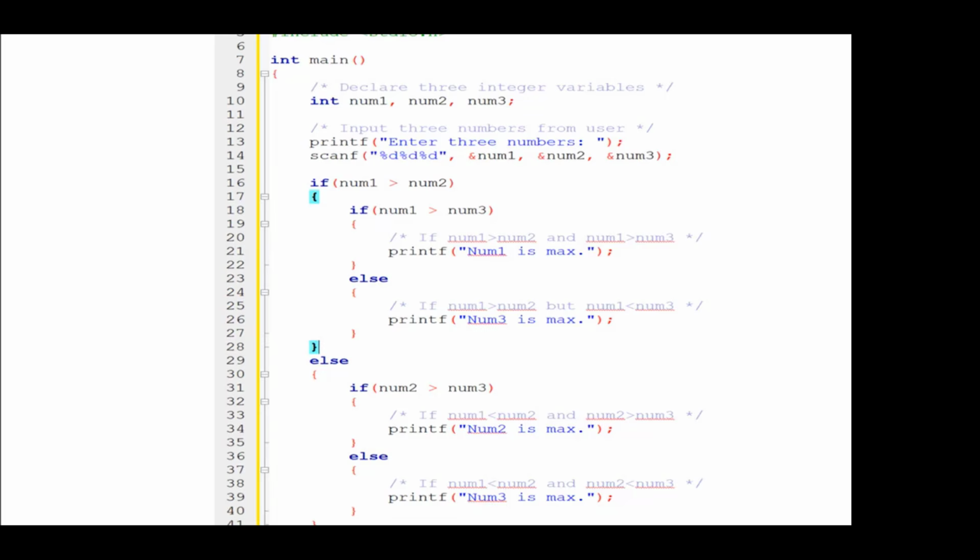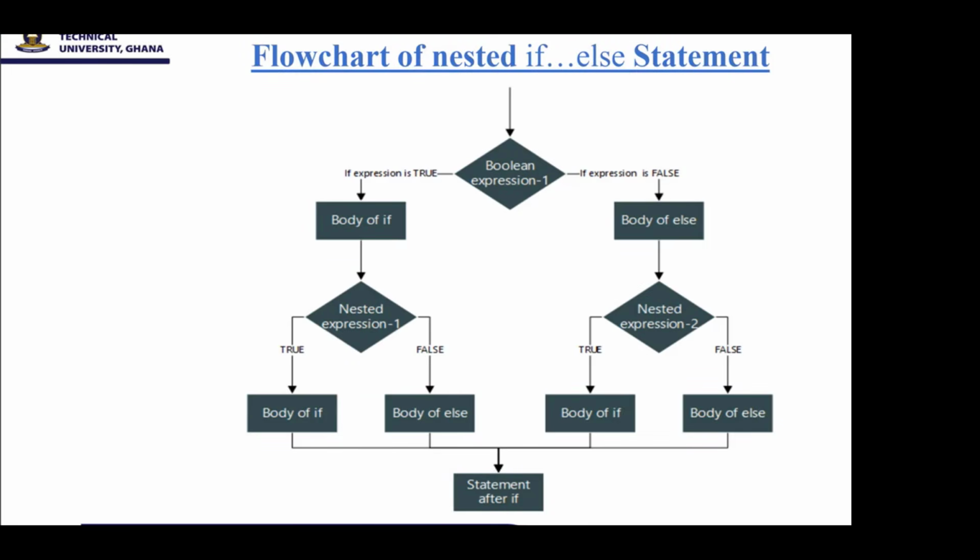Okay. Now, let's go back to the flow chart. In the nested if else statement, we don't necessarily base our execution on one condition. It is based on several conditions. So we have an if else statement.